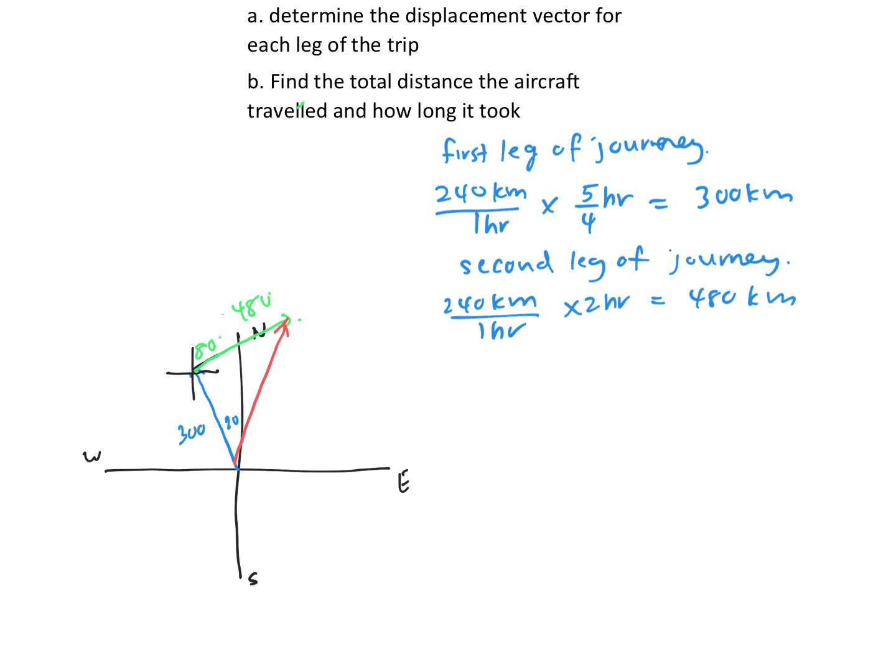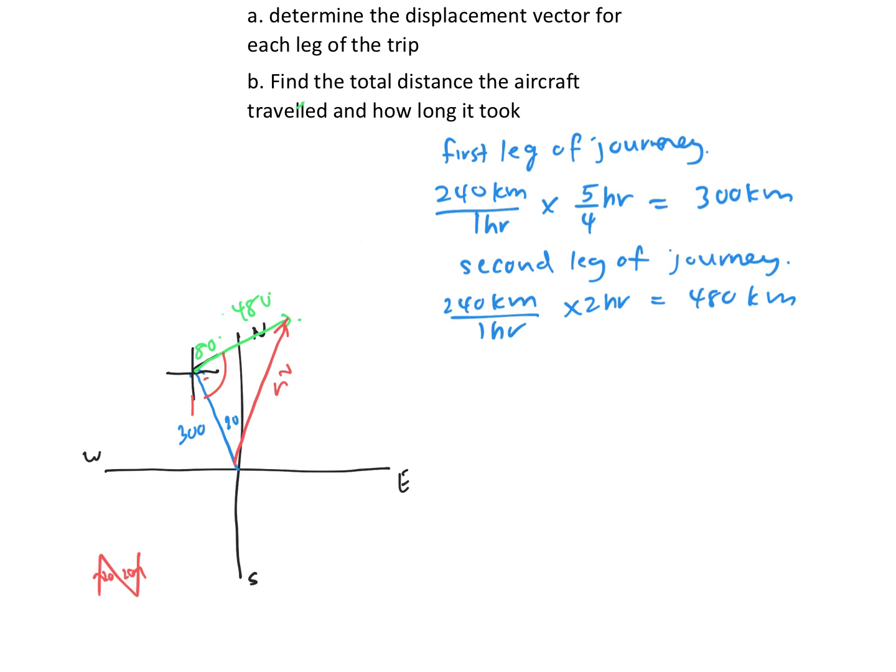Okay, so I have two sides of the triangle. I need to figure out this angle here because I know the 300 and I know the 480, and I want this resultant. So I want the angle in between. So let's see if we can figure out this angle. So if this angle here is 20, then remember that we have our Z pattern. If you have two lines that are parallel, you have your alternate angles. So if that's 20, this is 20.